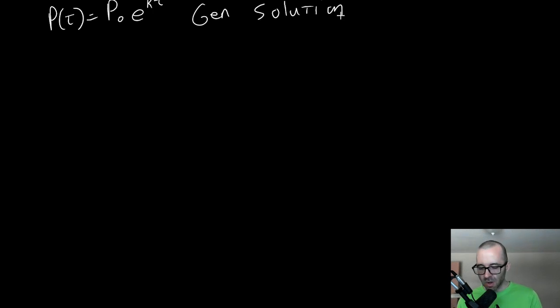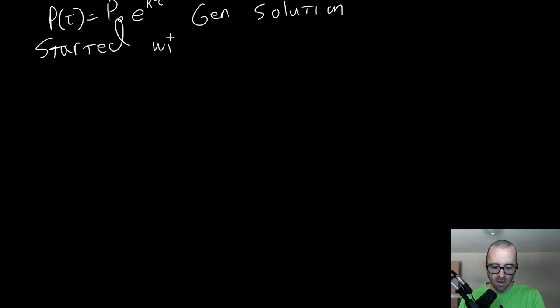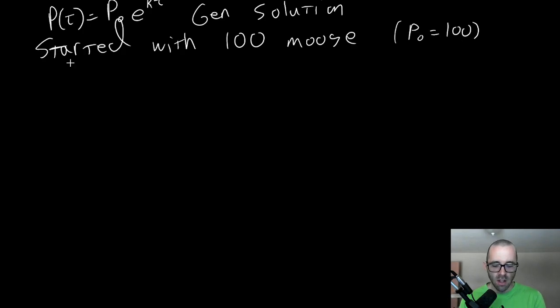But if I told you our initial condition, and let's say I told you that we started with 100 moose. Well, now all of a sudden, you know that P naught is 100. And now we know that our solution looks like 100 e to the kt, right? This is what's known as a particular solution.